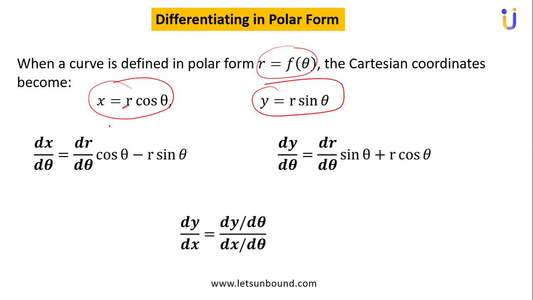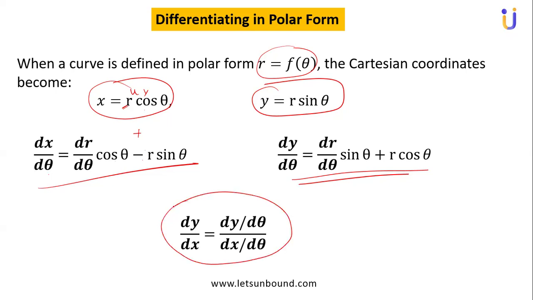So dx by d theta: apply the uv rule. First you differentiate u, dr by d theta, v as it is, plus r as it is and cos theta goes to minus sin theta. Similarly, differentiate y with respect to theta, and you get this.